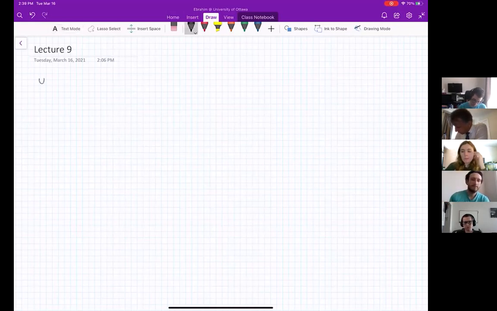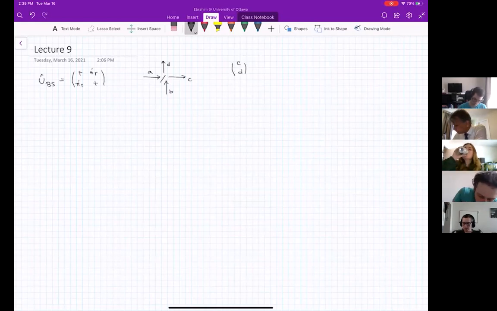Then we had the action of the beam splitter, which was the matrix T, iR, iR, T, and that was also the configuration that we had: A, B, and how they are linked to C and D. Good, and then we said that it's always better to work with the inverse, because we want to link C, D to what's happening with A and B, and that was the inverse of the action of the beam splitter.